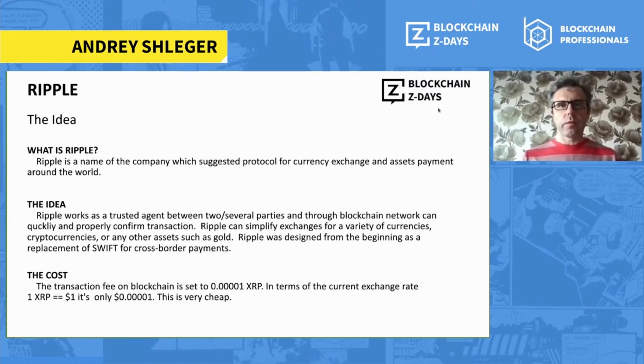SWIFT, for example, tried to implement similar functionality, like blockchain, in the methods of payments. And the most beautiful part about Ripple is that it's very cheap. It costs a fraction of a dollar; half a year ago it cost only 20 cents per one XRP.